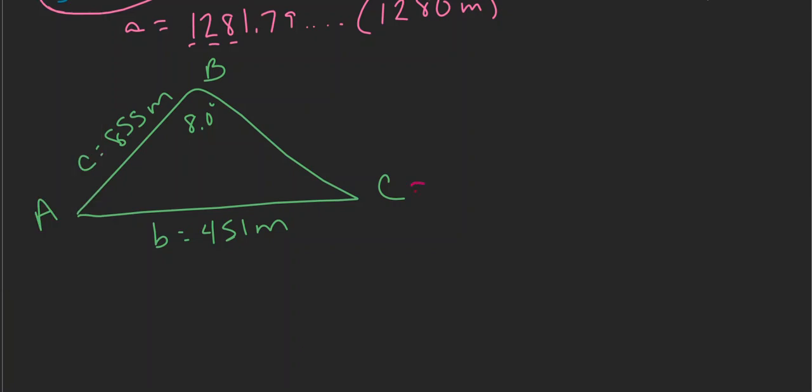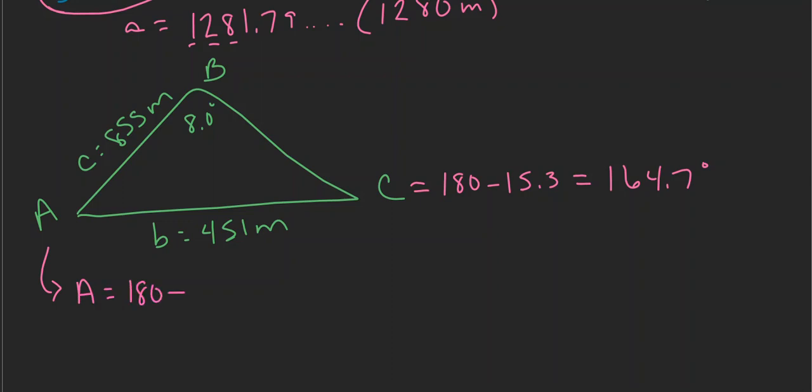This new C, if there is a second triangle, will be 180 minus 15.3, which gives me a new C of 164.7. Now I still know angle B, so angle A will be 180 minus the given 8 minus the new C that we found.